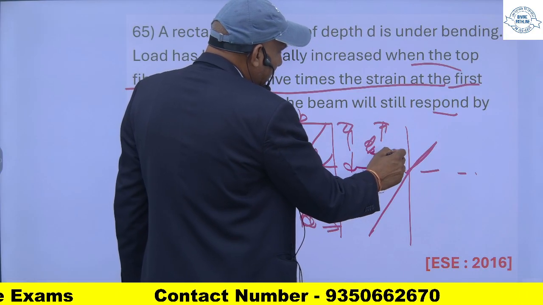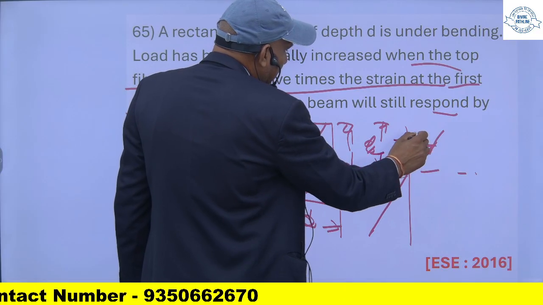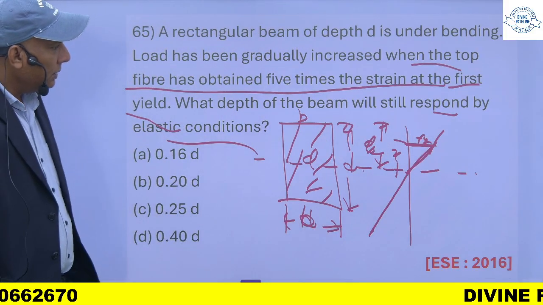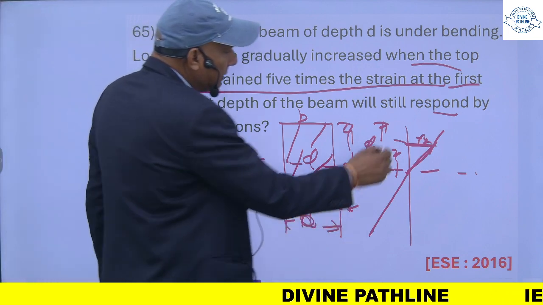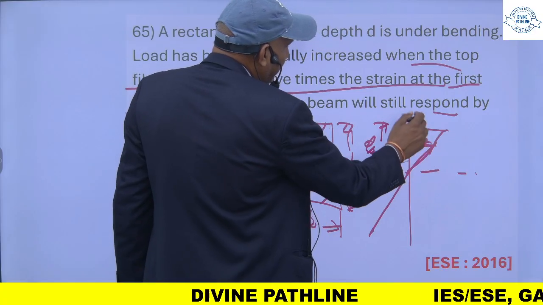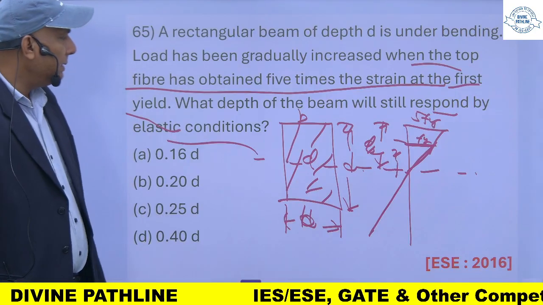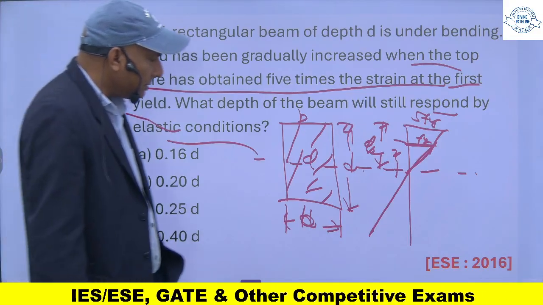Let's say this distance is x when the first yield occurs. So this is Fy, which means Fy is the yield stress. So when stress at the top fiber becomes 5 times this Fy, what will be the depth of the beam that will still respond by the elastic conditions?